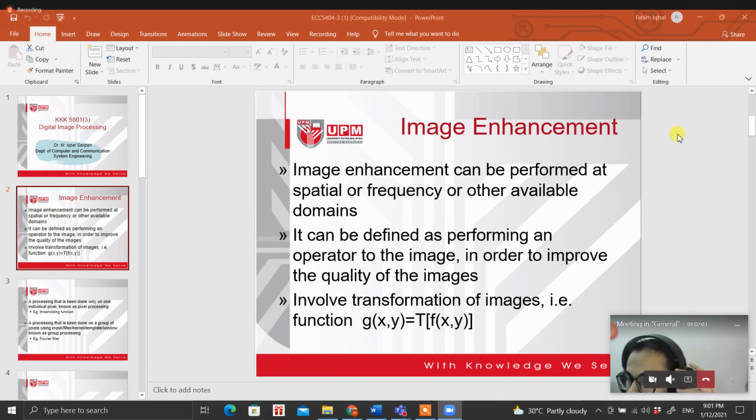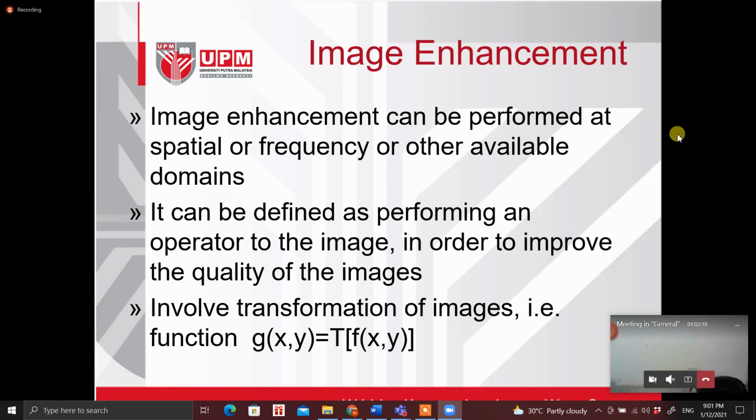So now we are going to the first category of improving the quality of the image using the technique of image enhancement. As I have shown you in the previous slides, when we want to improve the quality of the image, there are always two categories.